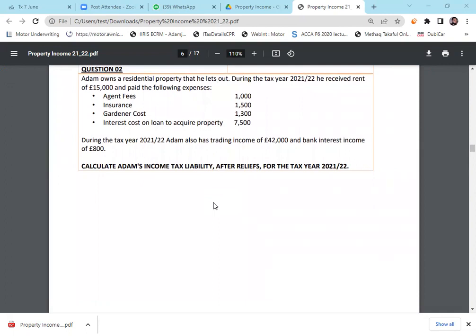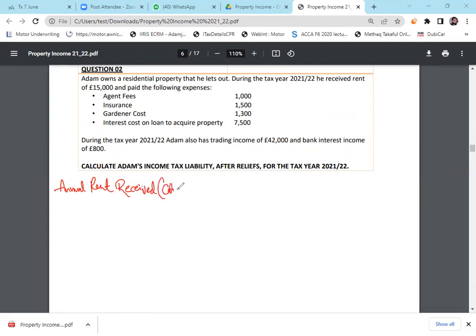Adam owns a residential property that he lets out. During the tax year 2021 to 2022, he received rent of £15,000 and paid the following expenses: agent fees 1,000, insurance 1,500, gardener cost 1,300, interest cost on loan to acquire property 7,500.